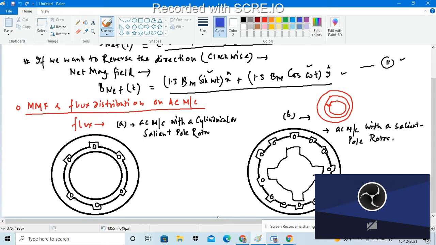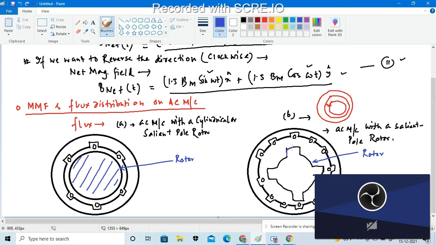In this segment, the structure that we are considering as my rotor is cylindrical in structure. And this is the rotor which has a salient type of structure, which has a salient pole if the rotor has a pole face projected out from it.